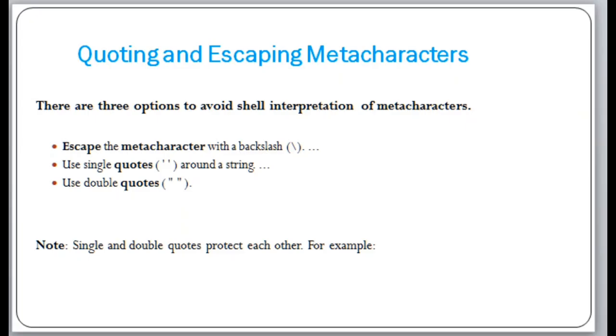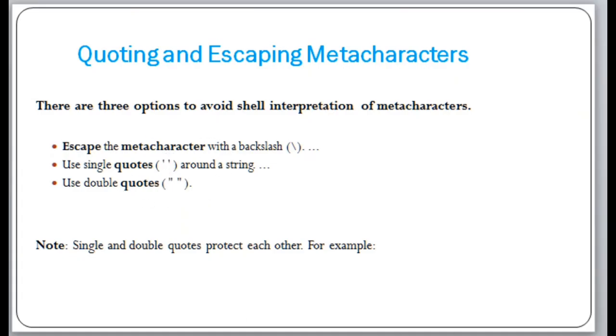So we're going to talk about quoting and escaping meta characters here. There are three options to avoid shell interpretation of meta characters. We can do it with a backslash, single quotes around a string, or double quotes. So you guys, single and double quotes protect each other, okay?